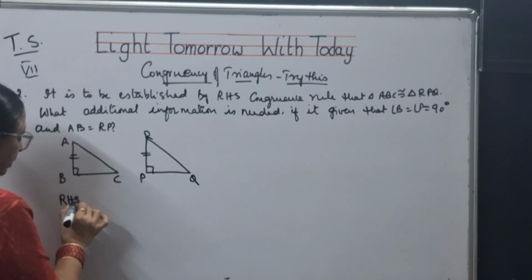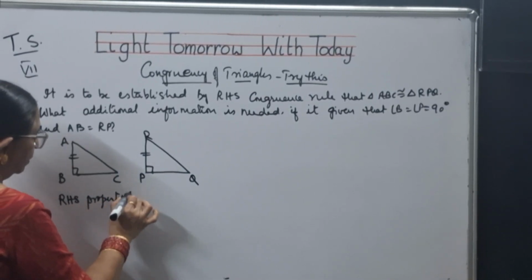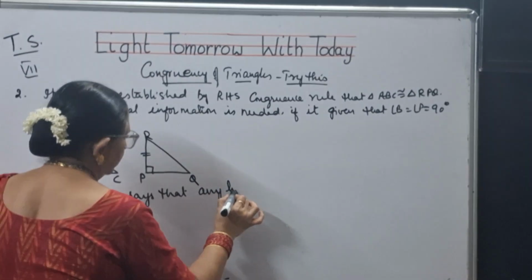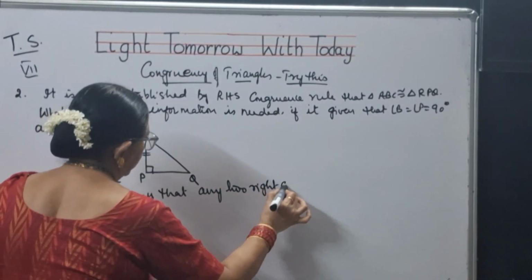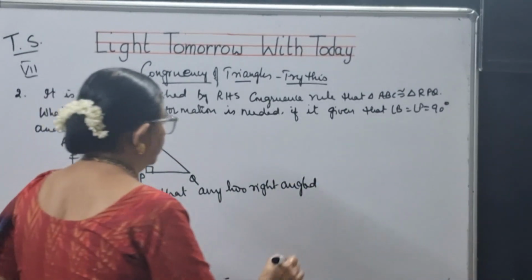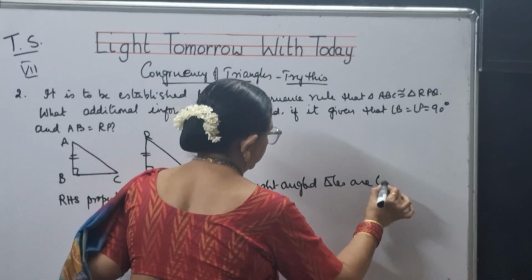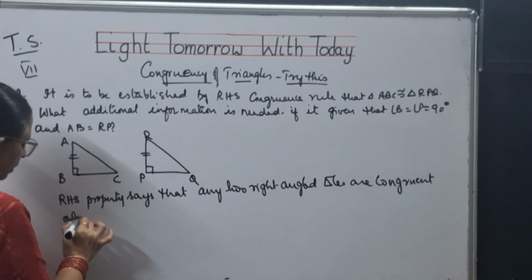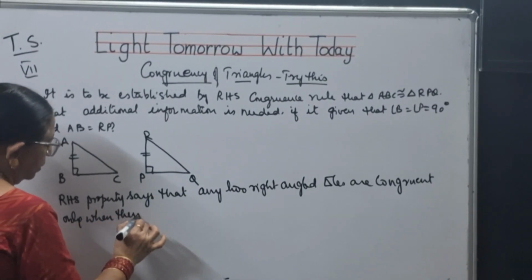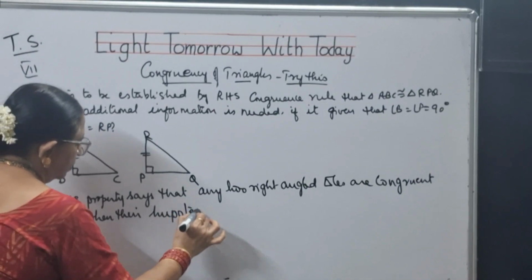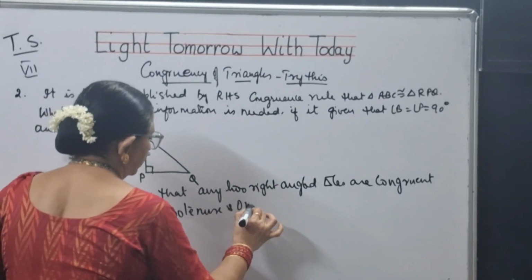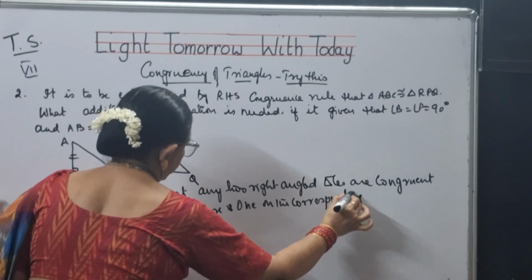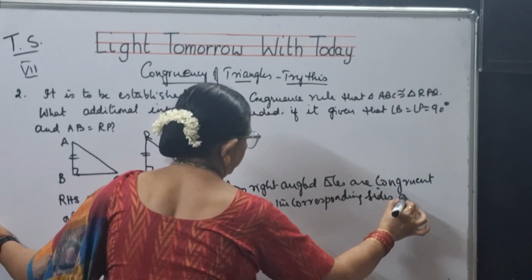So what is the RHS property? RHS property says that any two right angled triangles are congruent only when their hypotenuse and one of the corresponding sides are equal.